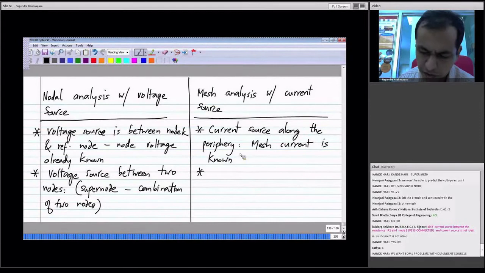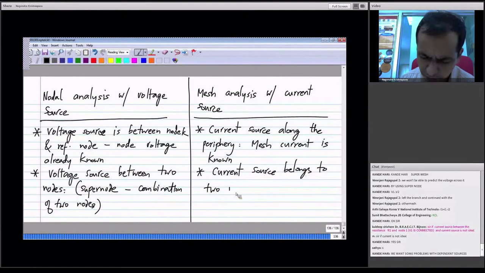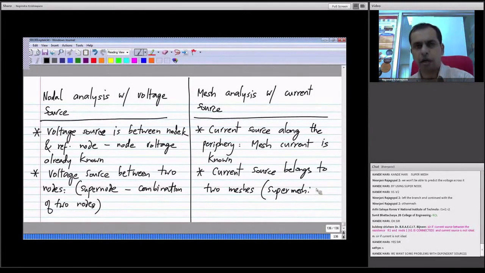When it belongs to two meshes, then you define a super mesh, which is a combination of two meshes. Okay.